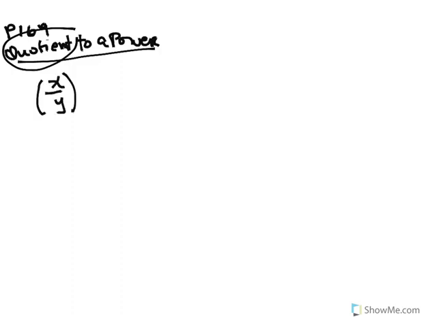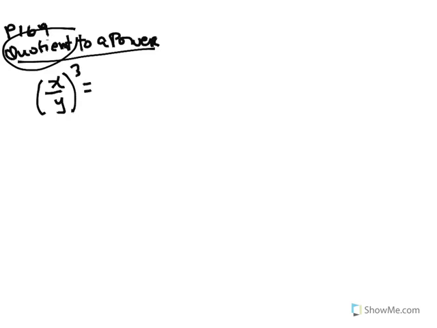And this is exactly the way we did the other problems, right? Now, instead of a product to a power, we're going to have a quotient, which means a division. So we have x divided by y to the third, right?